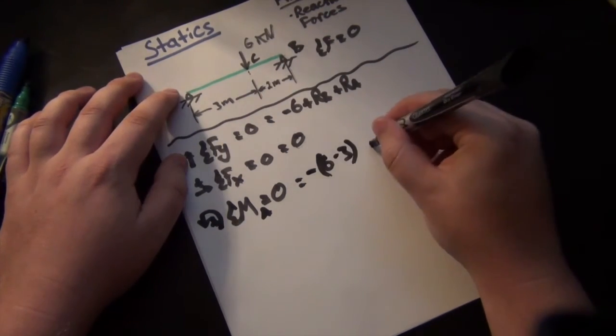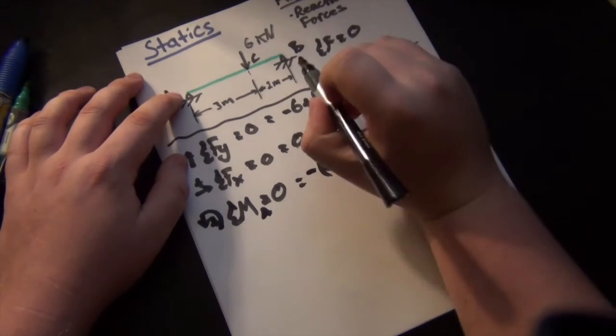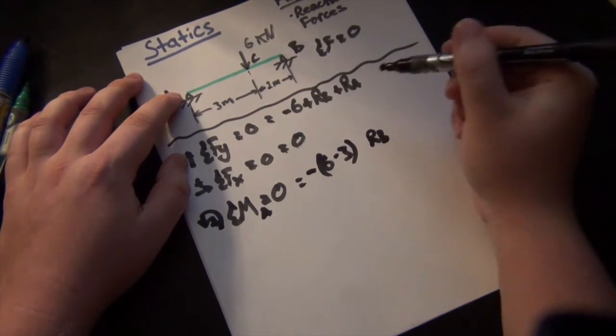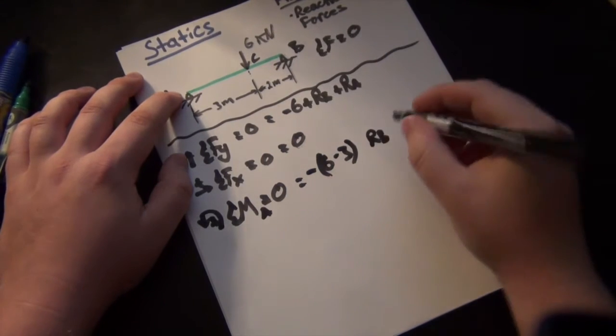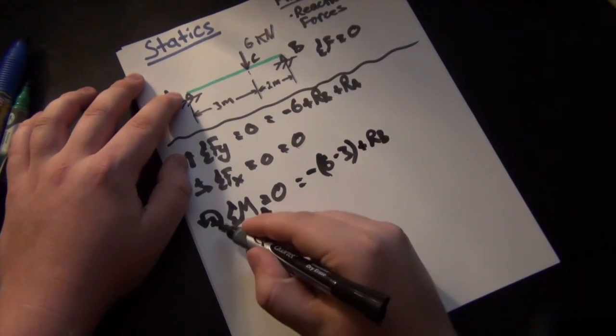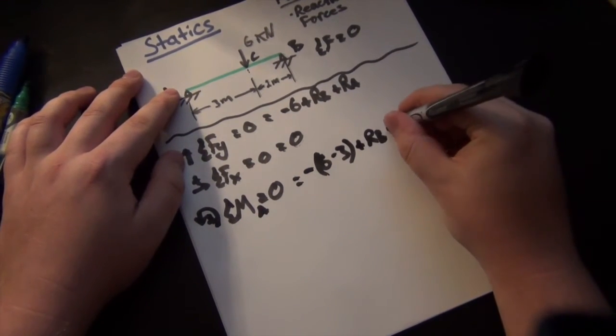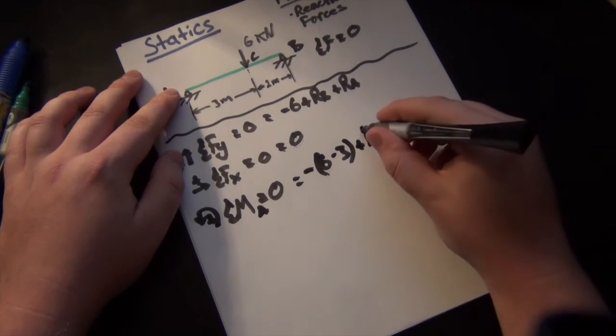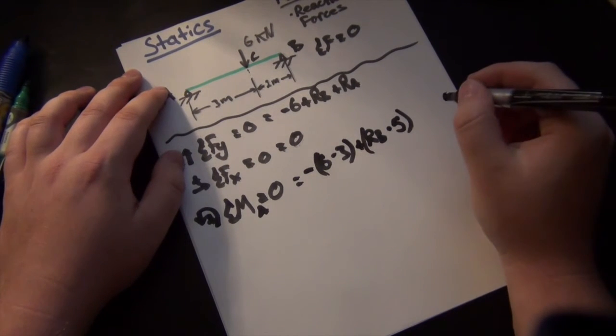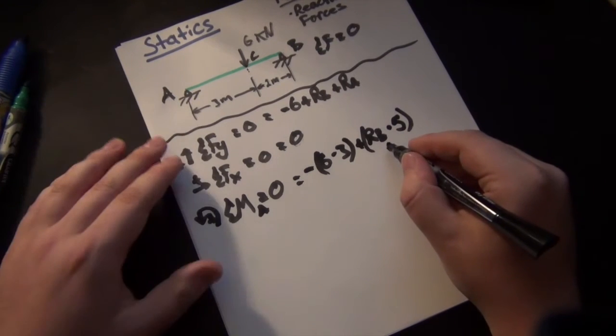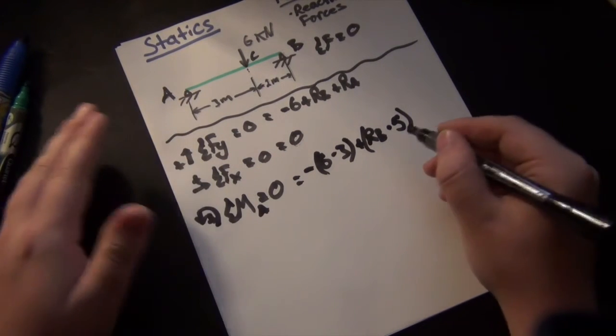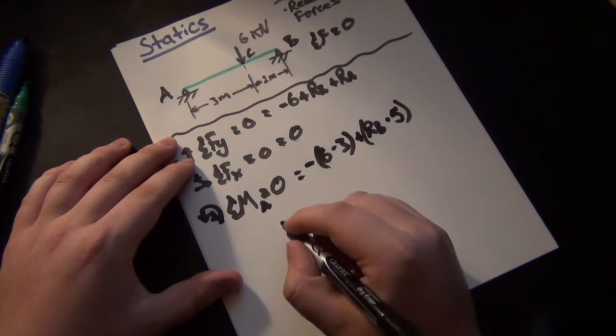And we also have our reaction force at B that is pointing up, or at least that's what we're assuming right now. And so it's going to make it want to rotate counterclockwise, which we said is positive. And that is 5 meters away. Now, as you can see, we have just one unknown in this equation, so we can solve for that.